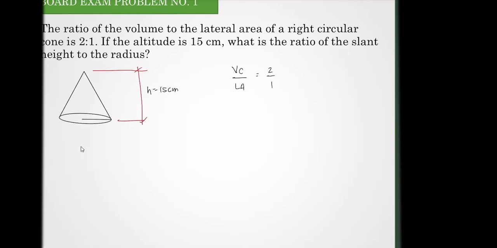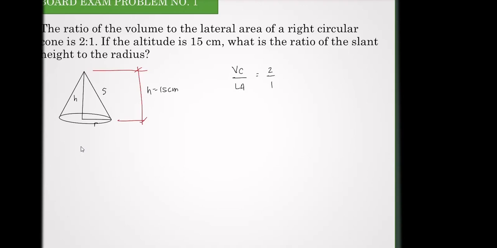We are asked to find the ratio of the slant height to the radius. So, this is our radius. This vertical line is our h. The slant height is this portion, the hypotenuse. Let's call it S for slant height. We need its value.